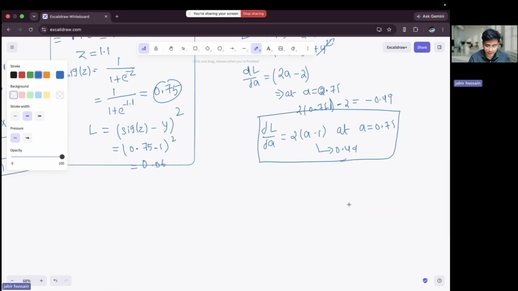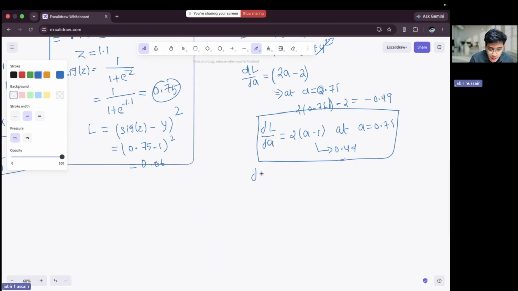One derivative is completed. Second derivative: how my sigmoid is changing with respect to my input, which is z. So what is the relation? The relation is that sigmoid of z, which is A, is equal to 1 divided by 1 plus e to the power of minus z. So it will be d of 1 by 1 plus e to the power of minus z, divided by dz.